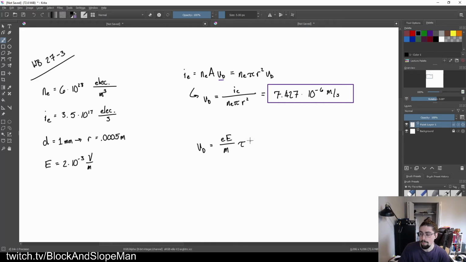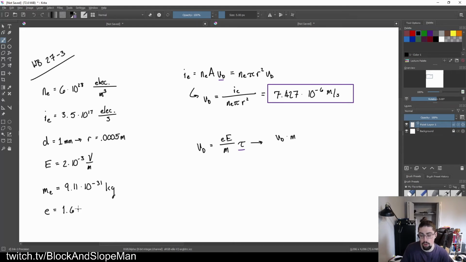So with all that stuff in mind, let me rearrange this. I'm after tau, which equals v_d times the mass of the electron. I'll go ahead and write that out as one of our givens as well, and that's coming from our constant sheet. And we also have the electron charge.